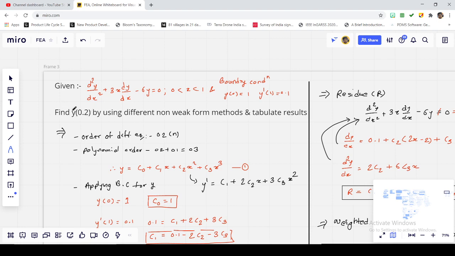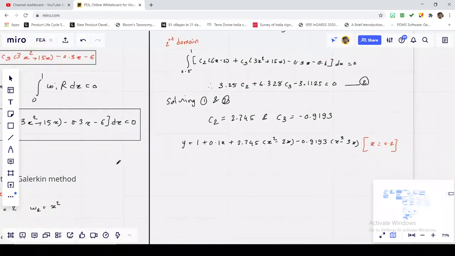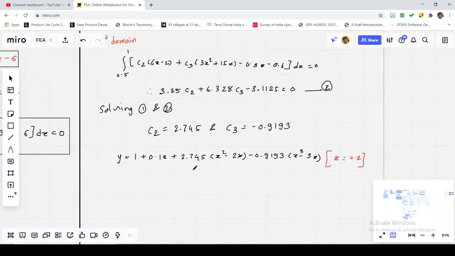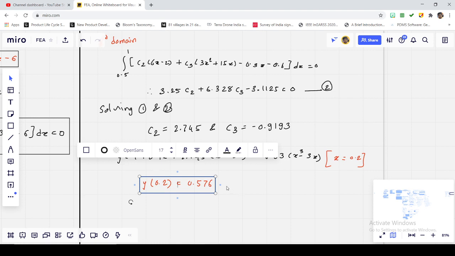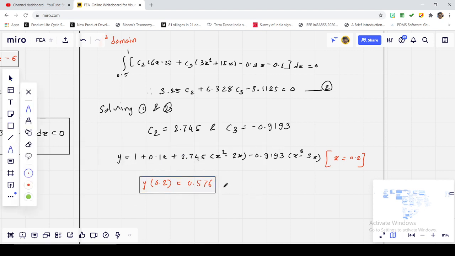We are finding the value of y at 0.2 with various approximation methods. So this is the subdomain method. For that, you will get a value of y at 0.2 to be 0.576, and this value of y you get with the method of subdomain.